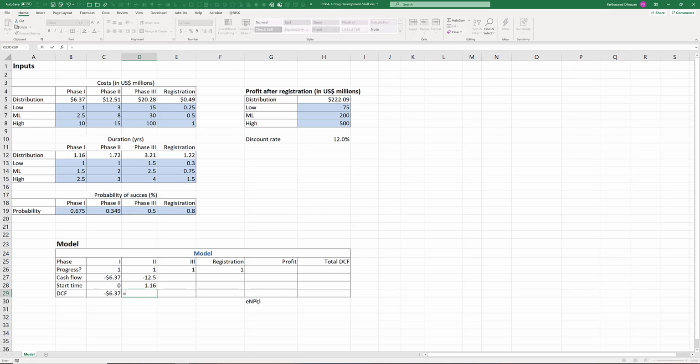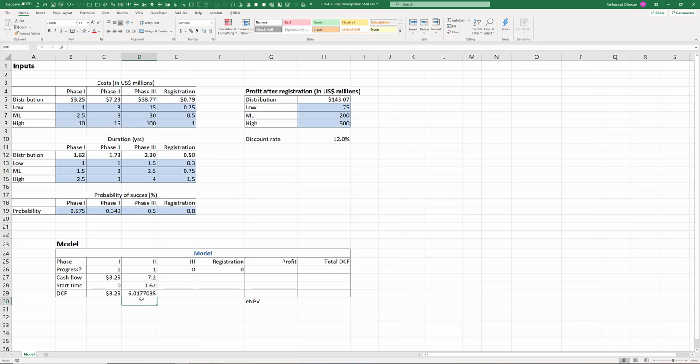So that would be the future cash divided by 1 plus the discount rate. Okay, we have to press F4 for that, and then to the power of the start time of the phase. So that would be the length of time by which the cash flow should be discounted.